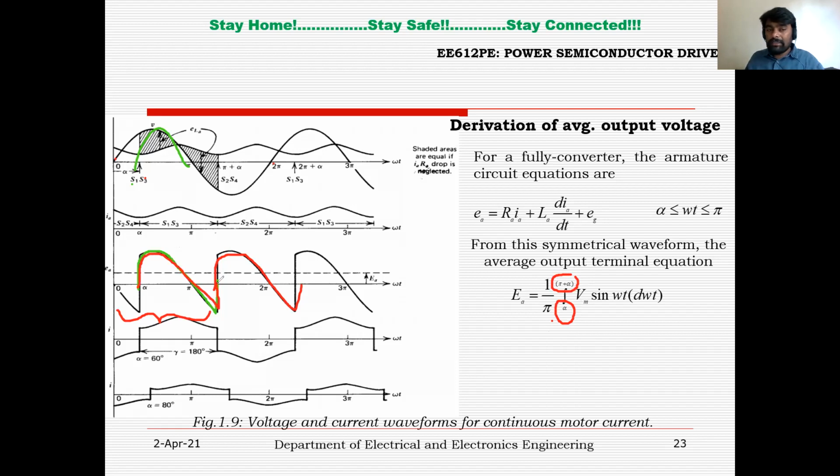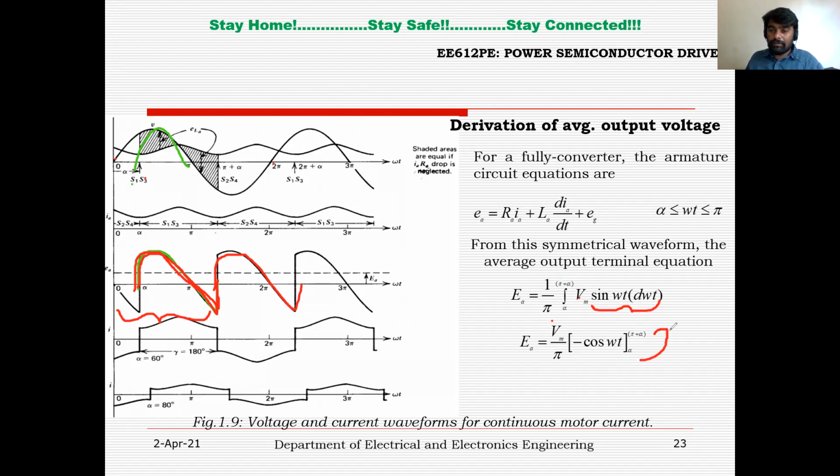So we assume that the inductor has a sufficient value so that we get continuous input current and continuous output current. So the instantaneous voltage varies with respect to omega t, which is Vm sin omega t. Now I can take Vm common, so it is Vm by pi. The integration of sin omega t will be minus cos omega t.